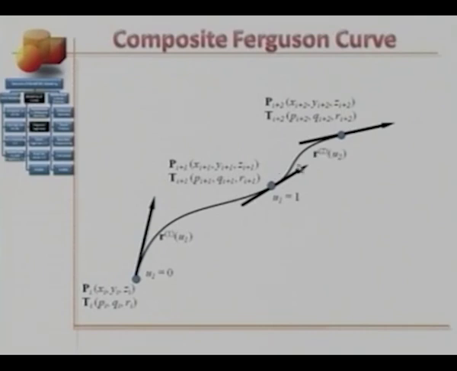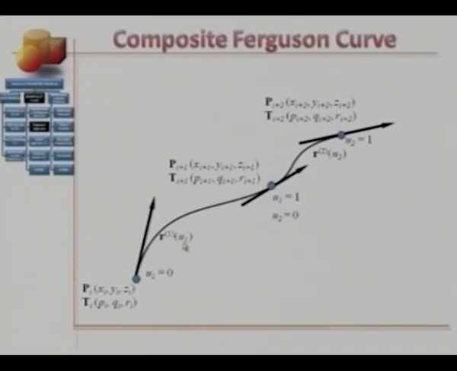Let's represent this segment by r super 2. This number represents this segment. This segment will have a different parameter, u2. u2 and u1 are not the same. For u2 equals 0, the point on this segment is pi plus 1, and for u2 equals 1, the endpoint is pi plus 2.